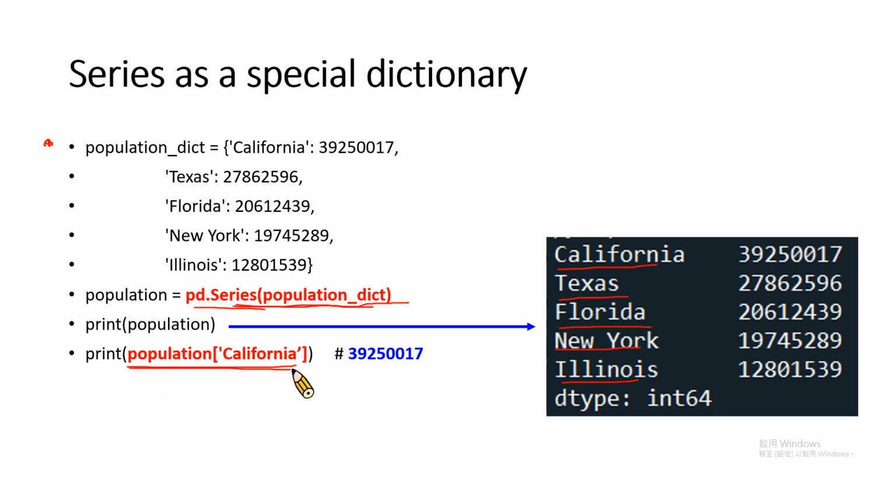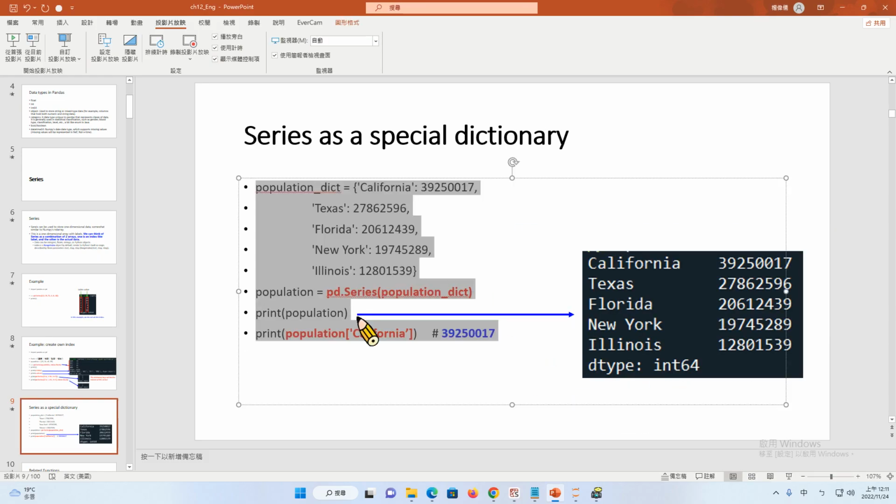Then we can access the elements of a series using indexing, like a list. So we can use population California, and then we will get the value. So I run it again.